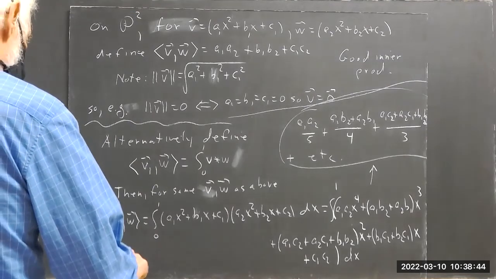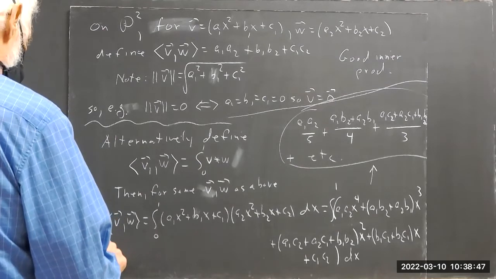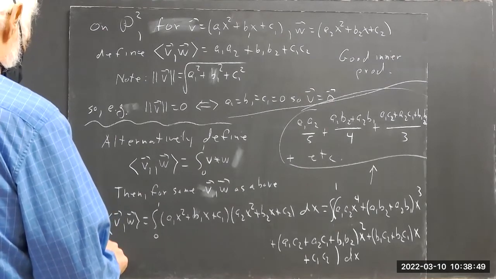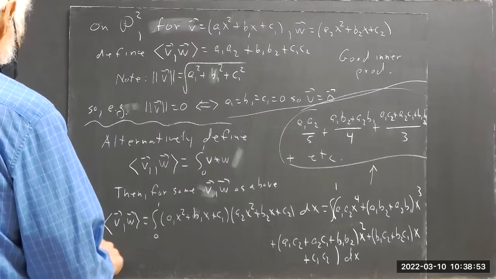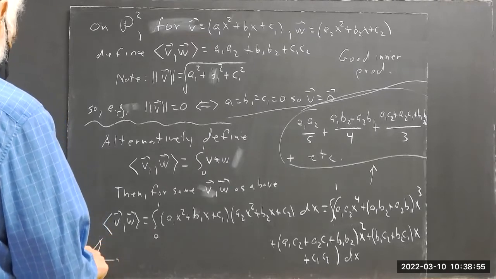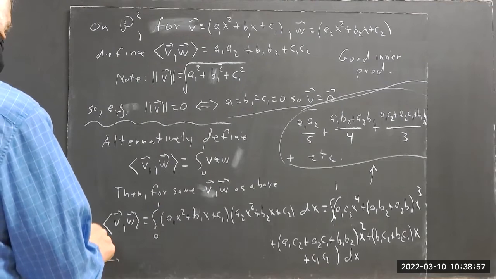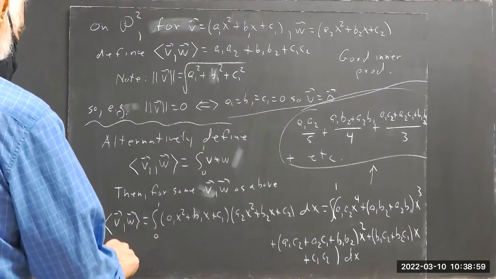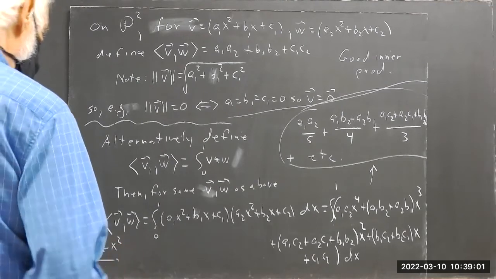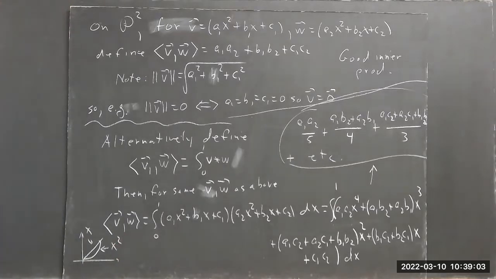Now you should be thoroughly familiar with the graphs of your basic power functions. One's a straight line, and the other isn't. Here's x. Here's x squared.